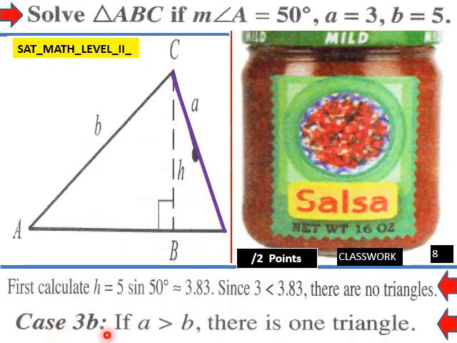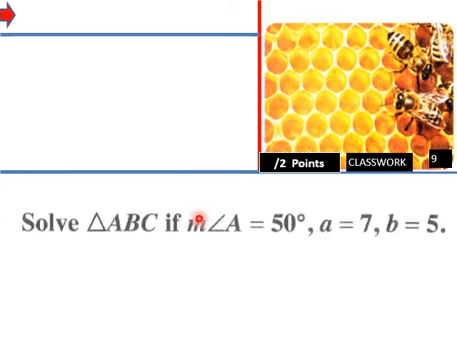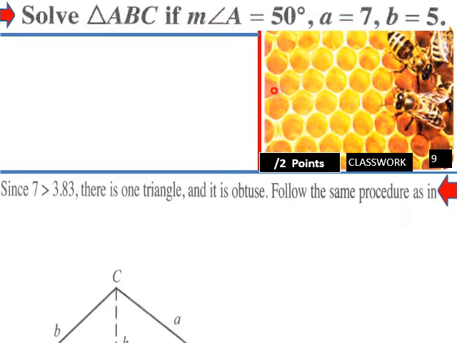Case 3B, if a is greater than b, so if a is greater than b down here, there is one triangle. Solve triangle ABC where the measure of A equals 50, a equals 7, and b equals 5.